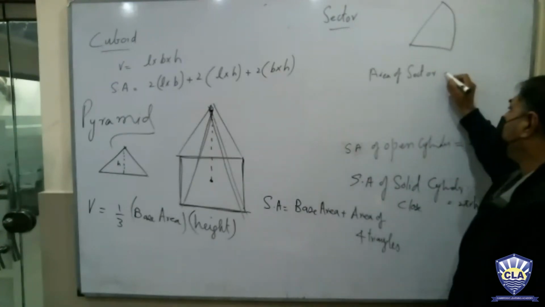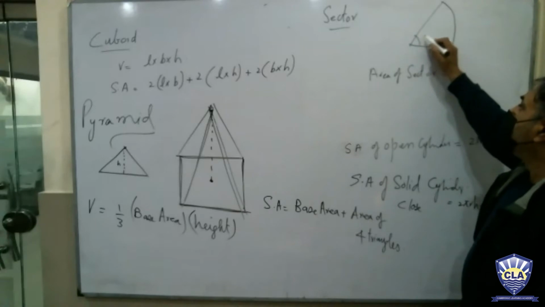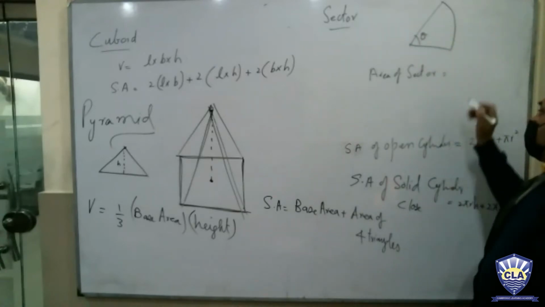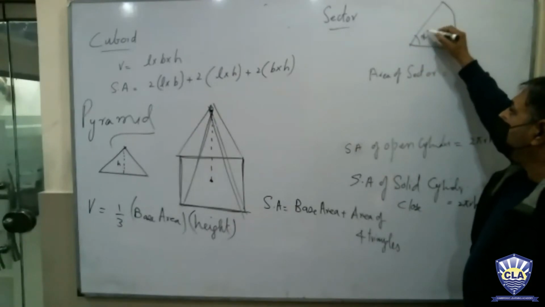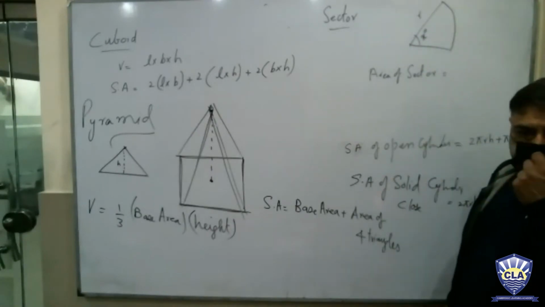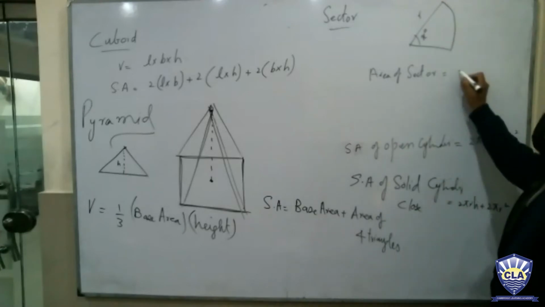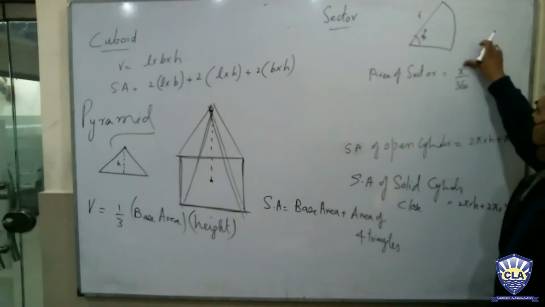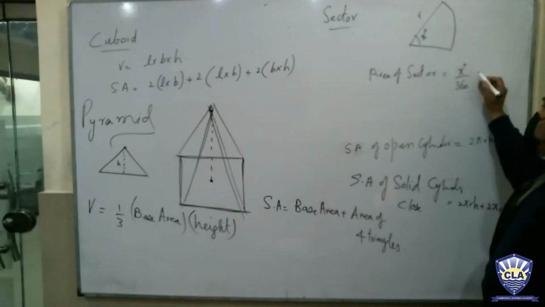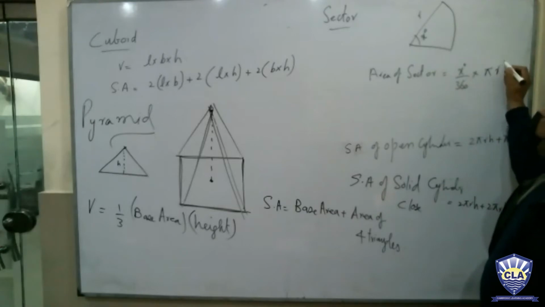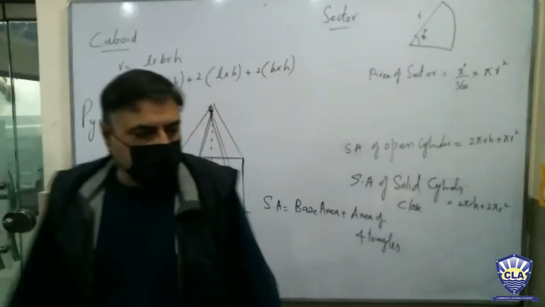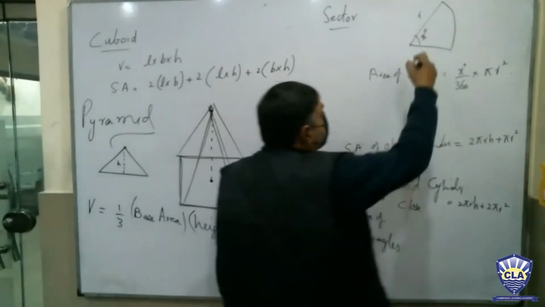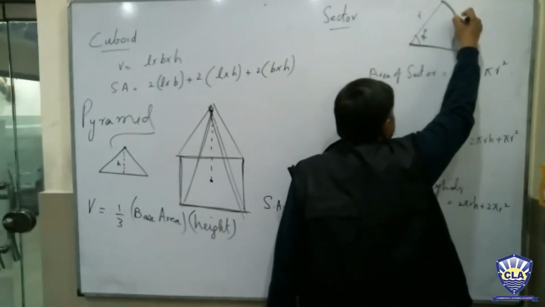Area of sector equals theta, the x degree angle, and radius. Angle is x degrees. x over 360 into pi r square is the area of the sector.